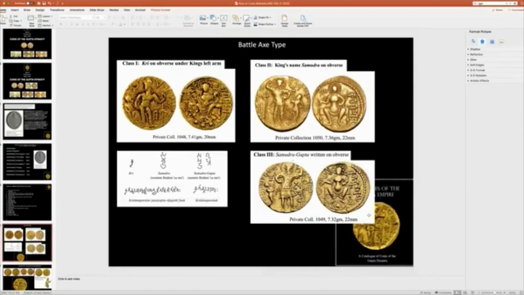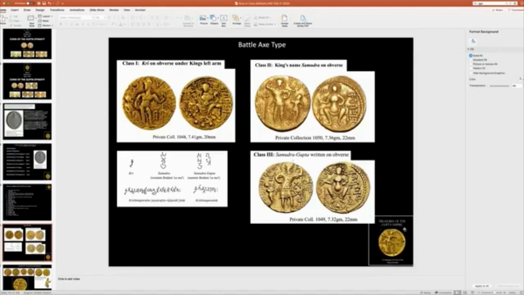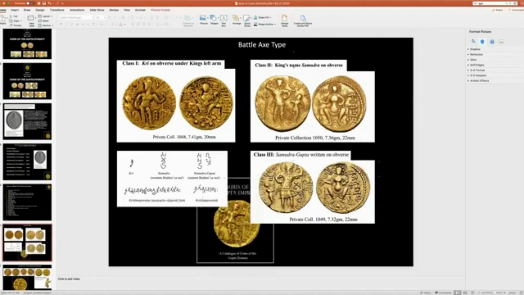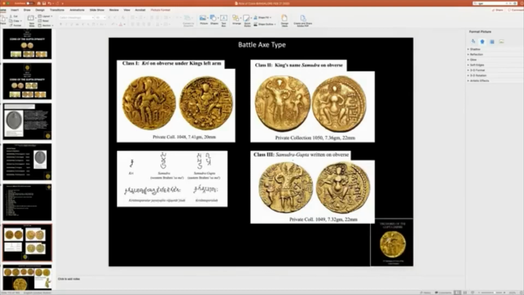So this again is another example of the same craftsman making coins of a similar style in different types. So this was, of course, the javelin type, which we talked about in one of our earlier talks, where he's holding a javelin, you see. Of course, this is the book that all of these talks are based on. So here he's the battle axe type.